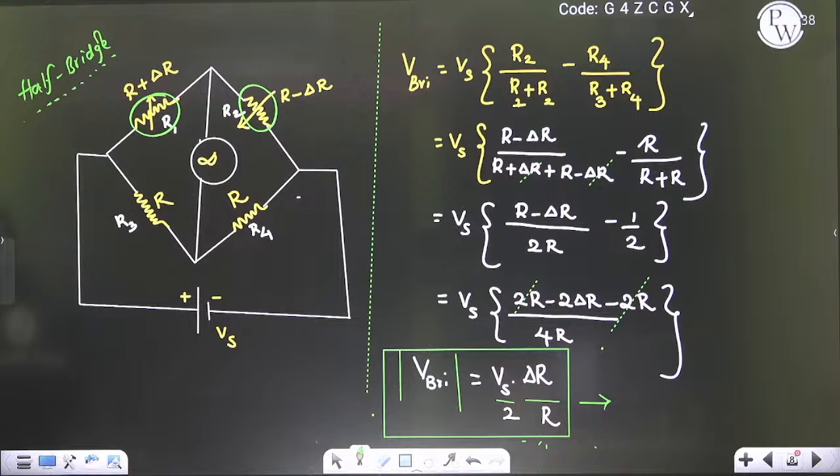Any doubts here till now? Chalo. I hope all of you got this clarity now.